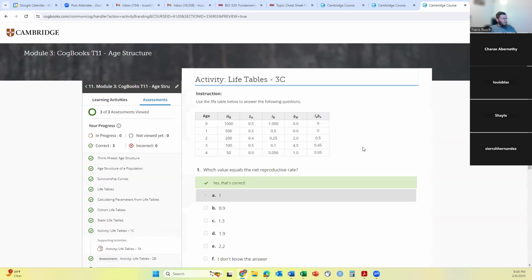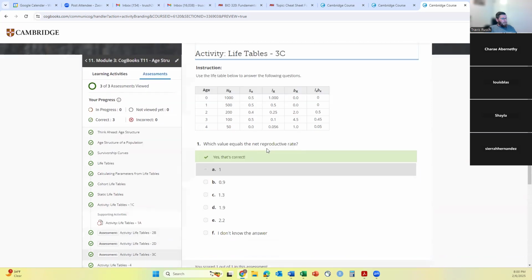Okay, so then this says, use the life table below to answer the following questions. Which value equals the net reproductive rate, R0? How do we figure this out? Add up LX and the LXBX column. Yeah, exactly, right? So we know the value of R0 equals the sum of LXBX, right?